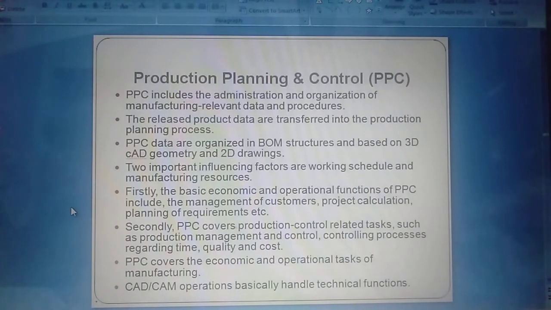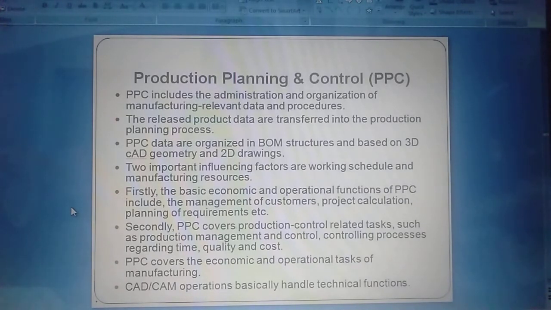The second group includes the control of manufacturing and quality management related procedures. This also includes the control of NC machines, transportation control, storage management, assembly control, maintenance management and quality management.